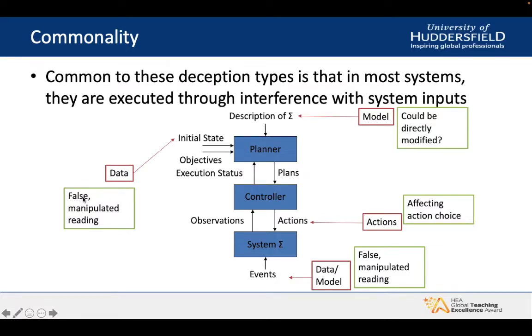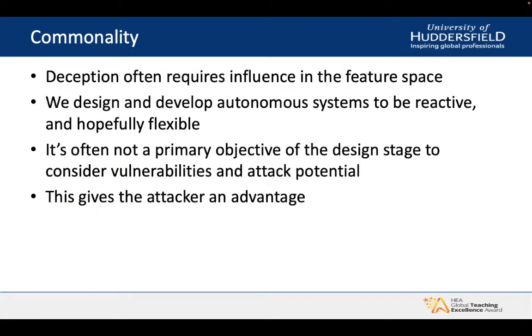So, providing false manipulated readings from the initial state, also provided back into the system through the events, which then hopefully would be able to affect the action choice by providing falsified data in there. So one commonality between everything I've mentioned so far is that data is of key importance, and modifying the data within the feature space can really provide a way to bring about some deceptive behaviours.